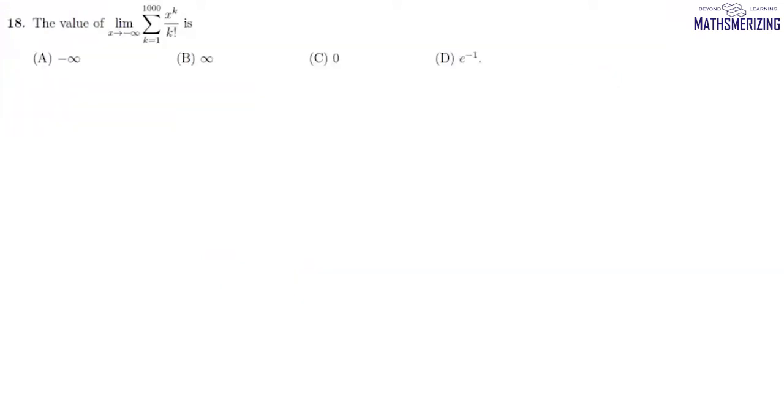Now question number 18 is, we need to find this limit as x tends to minus infinity of the summation k varies from 1 to 1000 of x to the power k upon factorial k. So we have this limit as x tends to minus infinity of x upon factorial 1 plus x square upon factorial 2 up to x to the power 1000 upon factorial 1000.